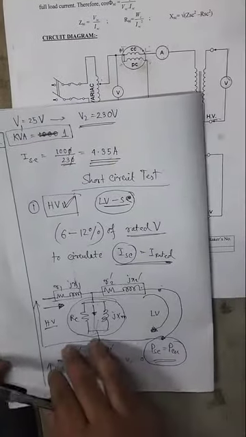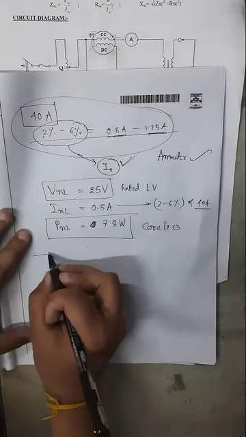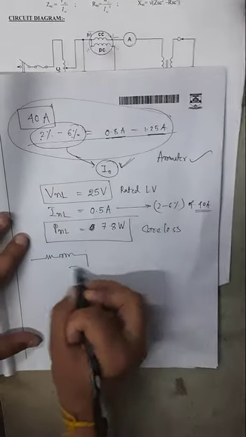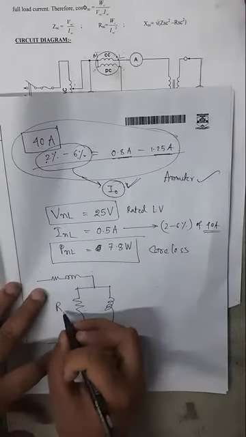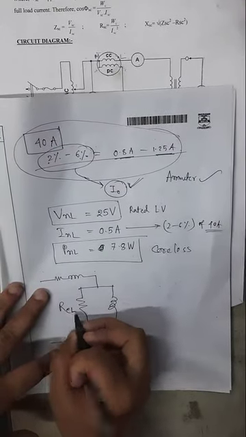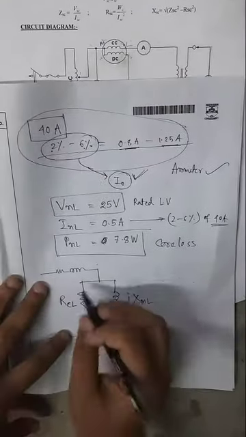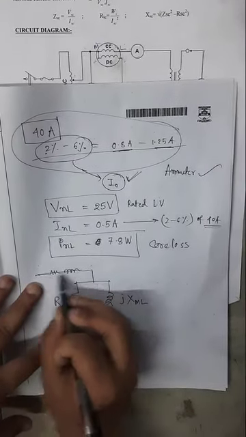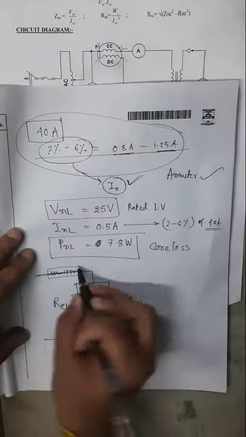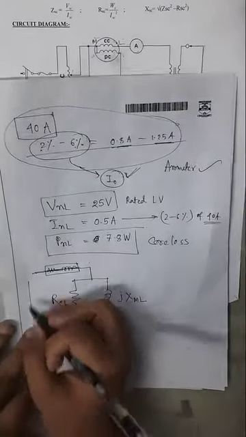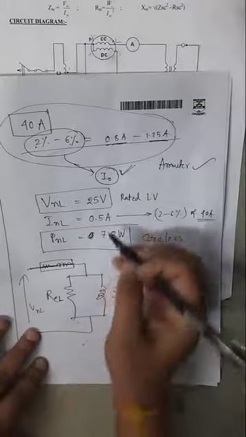Similarly, from the no load data also, this is the equivalent circuit for the no load test. This is the core loss resistance referred to the low voltage side and the magnetizing reactance referred to the low voltage side, and normally we neglect this small impedance here. The no load voltage is coming out to be 25 volt.